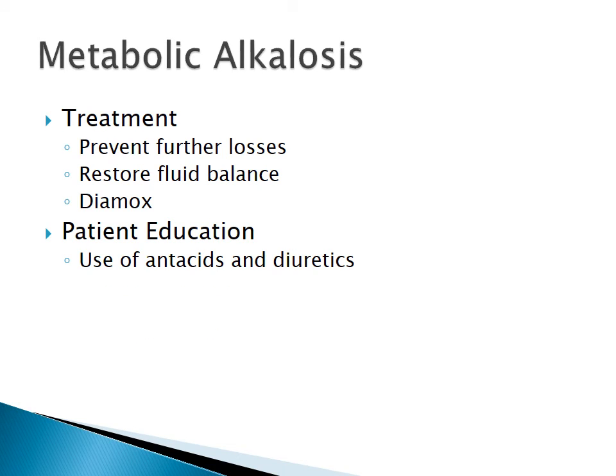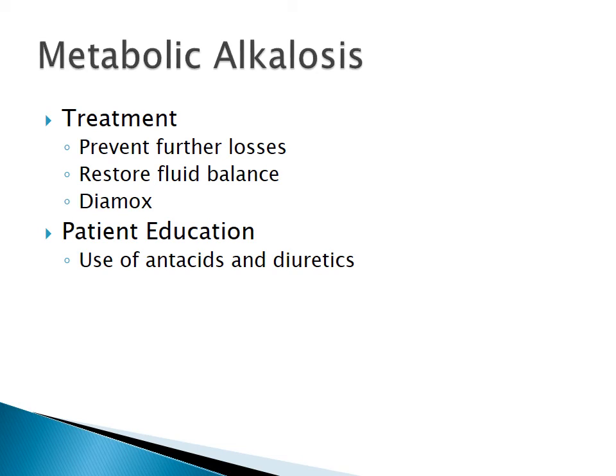Treatment, well, it's to prevent further losses. So, if your patient is losing through a thiazide diuretic, well, then we need to maybe change the diuretic. Or if they have NG suctioning, we may need to consider having some kind of replacement for that.